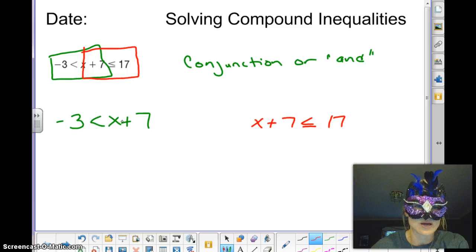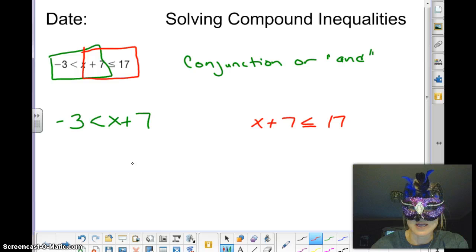So basically you have these two problems squished together as one, because you can see x plus 7 is used for both these equations. In one case it's greater than -3, in one case it's less than or equal to 17. Remember, you always read the inequality from the direction of the variable. So because the variable is on the right, I'm going to read it right to left. I'm going to read it backwards from what we're used to. Greater than, as if we're going this way, and then this would be less than.